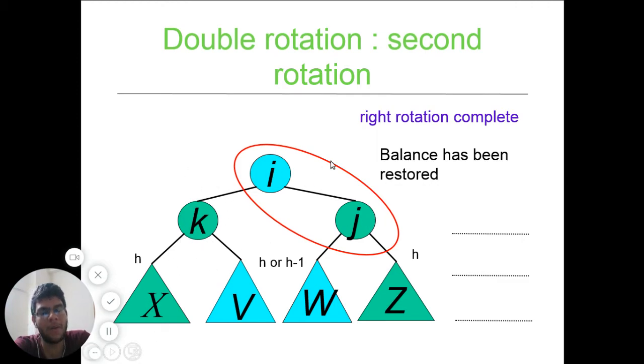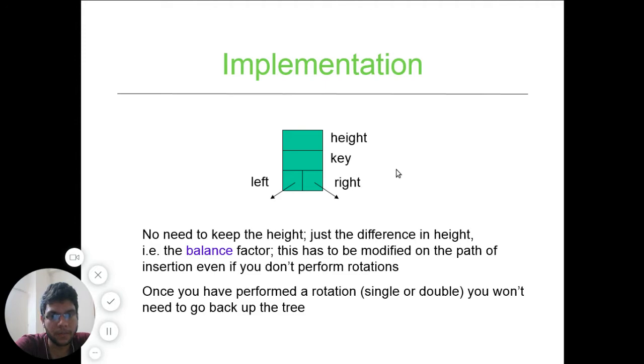Similarly for j, so the balance factor of node i has now become 0. Individually, x, v, w and z all were balanced initially. So the second rotation in the double rotation balances the height and completes the invariant of the AVL tree. So balance has been restored.